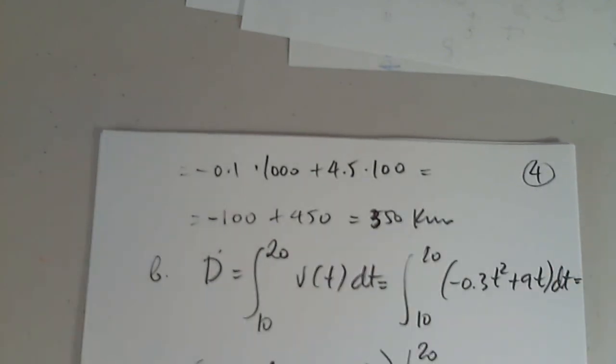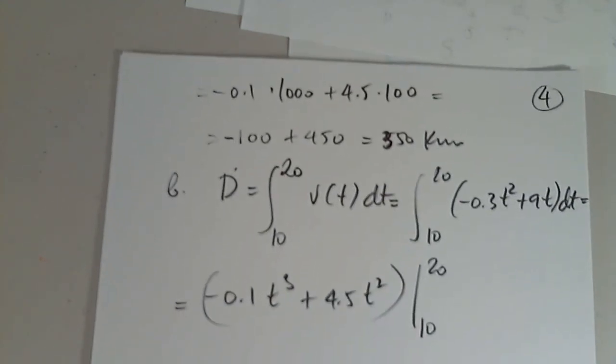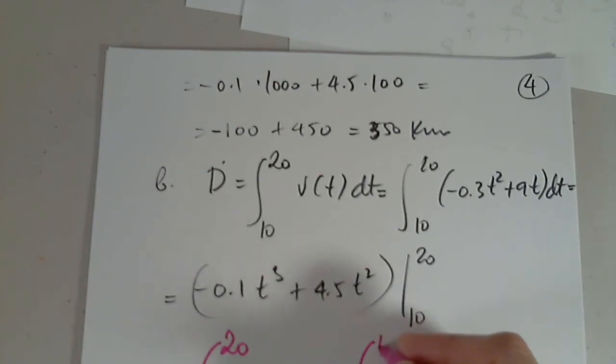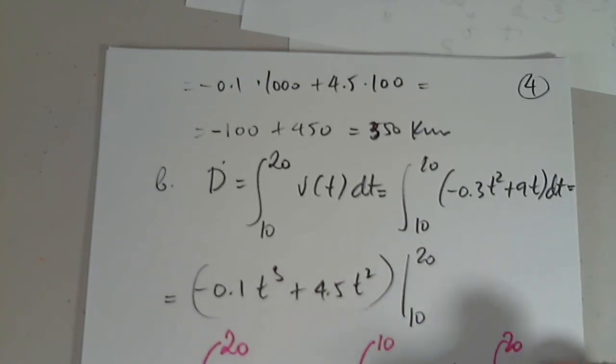I'll stop here for 1 second because I want to mention something. This is another property that I will mention again in the next few minutes. The integral from 0 to 20 of v of t dt is the same as the integral from 0 to 10 of v of t dt, plus the integral from 10 to 20 of v of t dt.